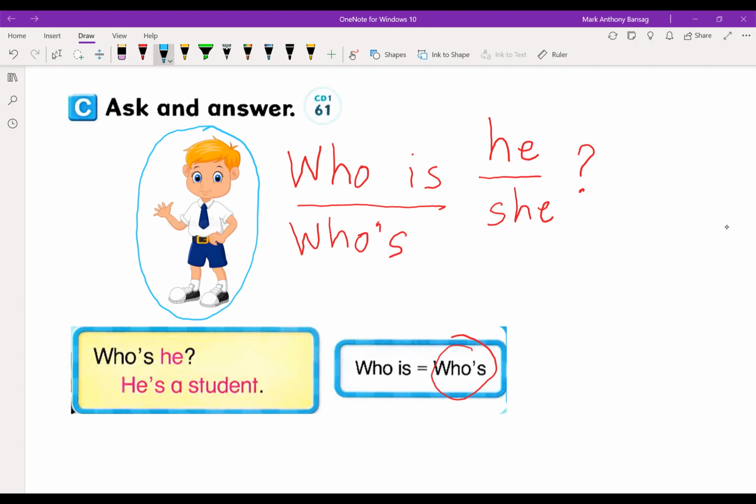So notice that we used he. This is a boy and we use he. So who's he? And again, we use he. He is, or he's. So you can answer he is or he's. He is a student.